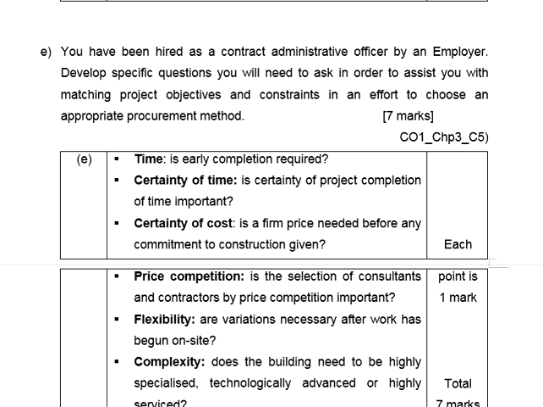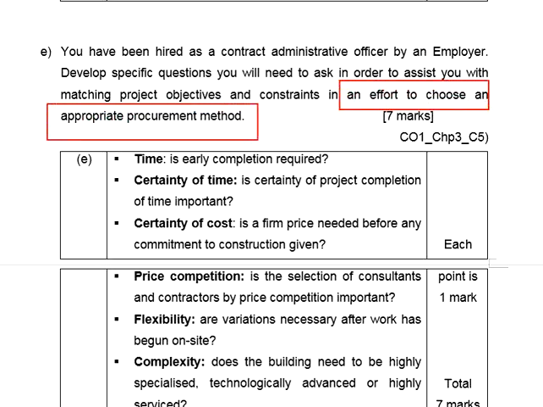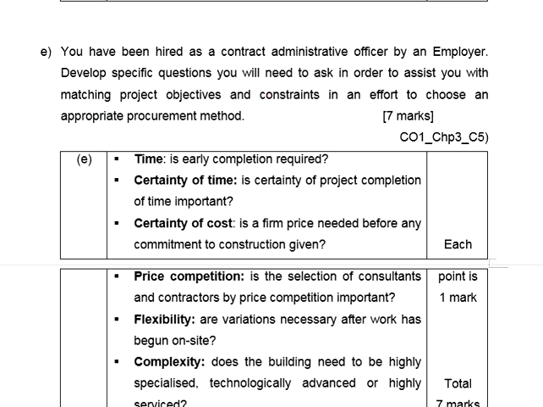Now you know that your role is a contract administrator. The question asks you to develop specific questions you will need to ask in order to assist you with matching project objectives and constraints in an effort to choose an appropriate procurement method. Based on the specification here, the intention is to assess at level 5.